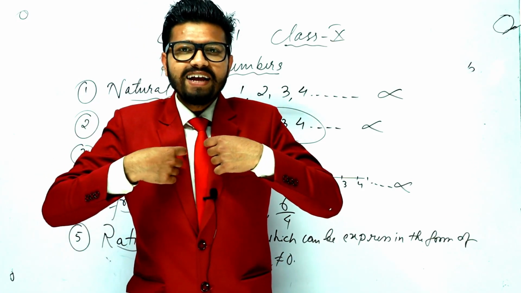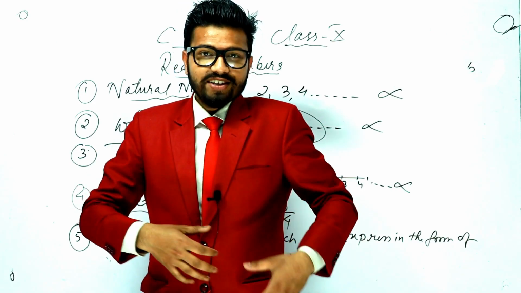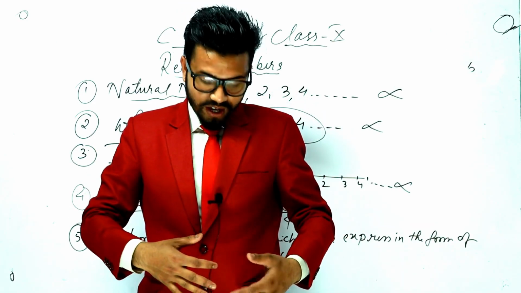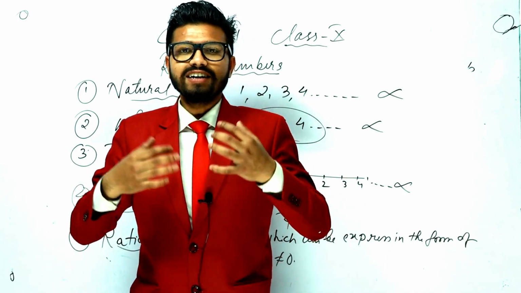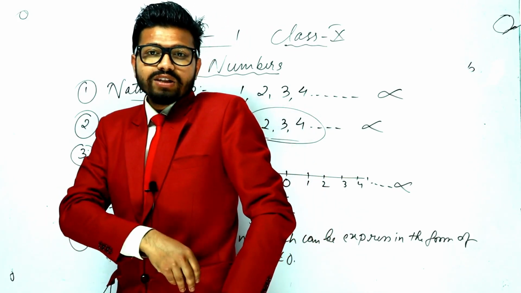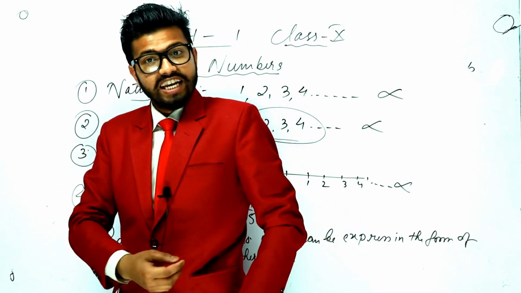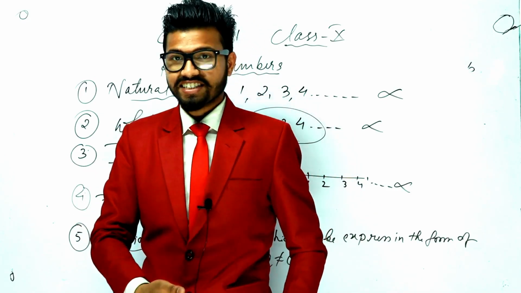And consider my blazer. My blazer is a rational number. It is the father of all. Whatever is in my blazer is a rational number. My blazer includes the pocket, and this pocket is the integers, so integers are also included in the rational numbers.